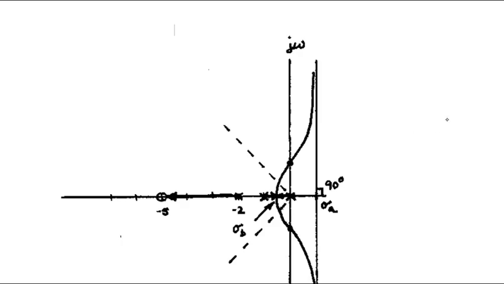On this page, I just am going to show you the final solution. It's not awesome, but it is a little bit better than the last one. You can see I've got the location of the asymptote. I've got the pole at 0, the pole at -1, the pole at -2, the 0 at -5.